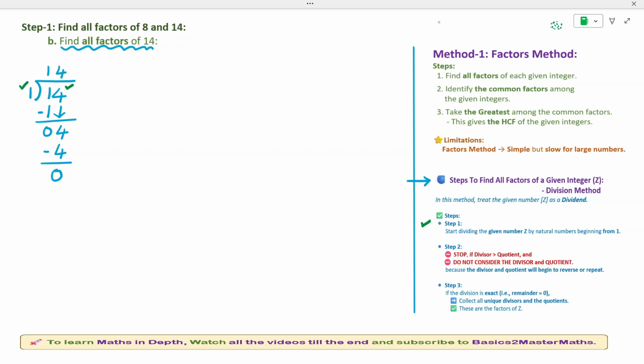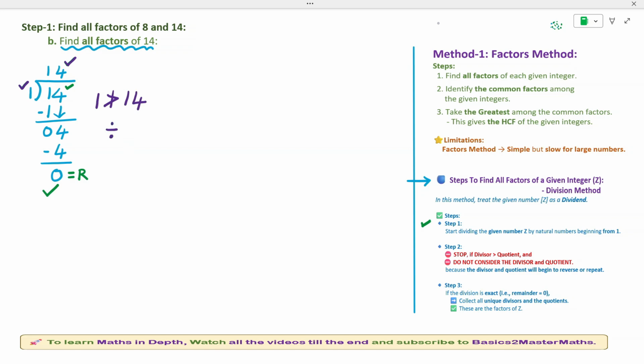When we divide 14 by 1, we get 14 as the quotient and 0 as the remainder. So, this division is exact. In this case, the divisor 1 is not greater than the quotient 14.